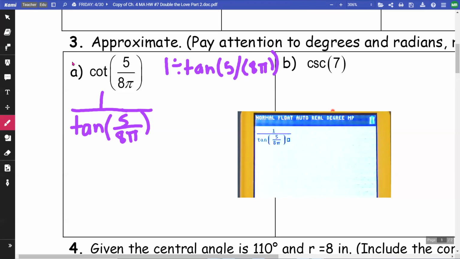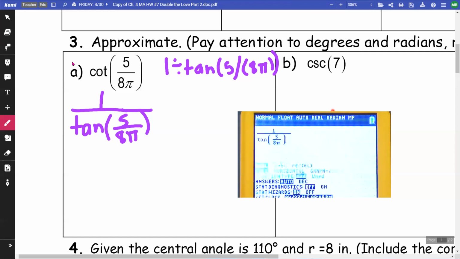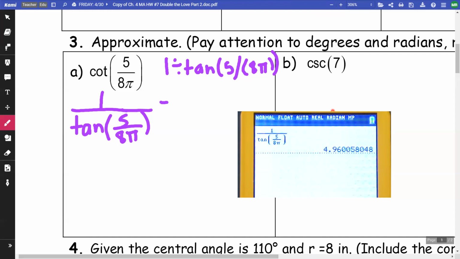I want to make sure that my calculator is in the units I'm putting in. This is radians, so I need to change my calculator to radians. Now, when I do this, I end up getting 4.96 as my answer.